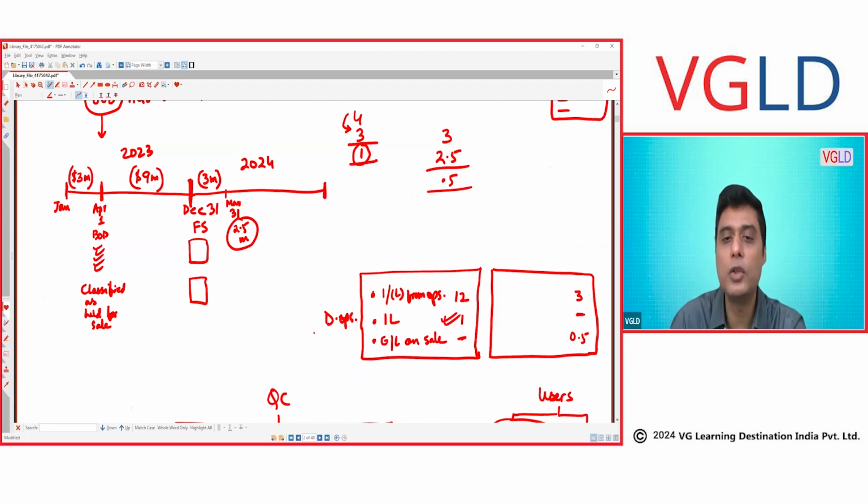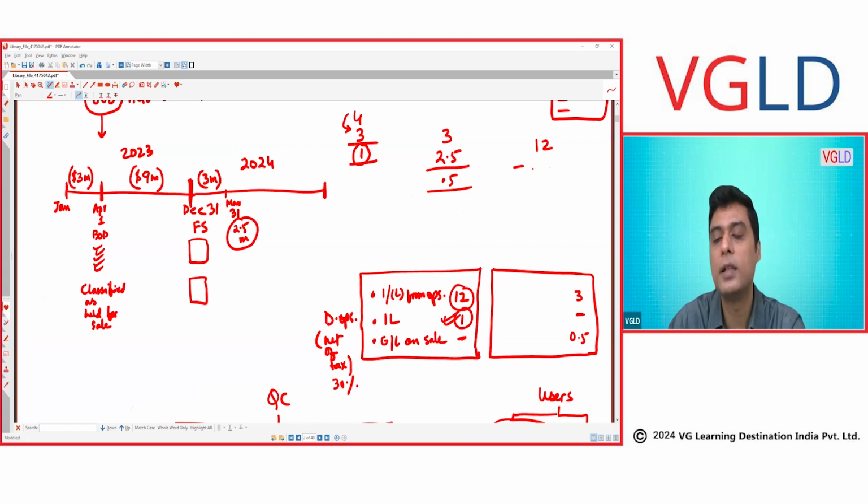Remember, we said discontinued operation is always shown net of tax. So all these values that I've written over here will not be 12 and 1. It will be 12 minus the tax. Whatever is the tax rate, suppose 30%. Then instead of 12, we will write 12 minus tax 30%. That means minus 3.6.